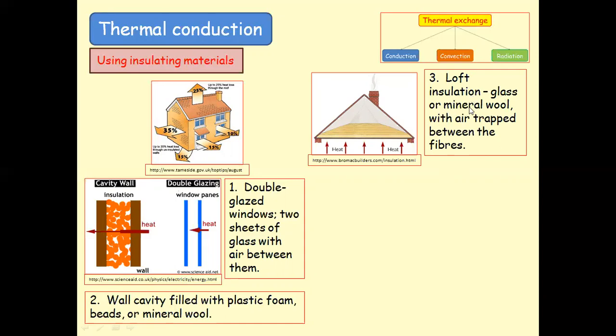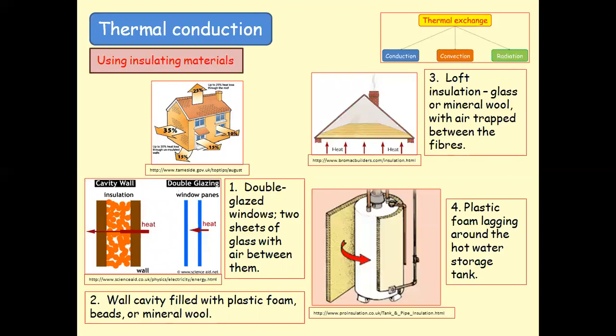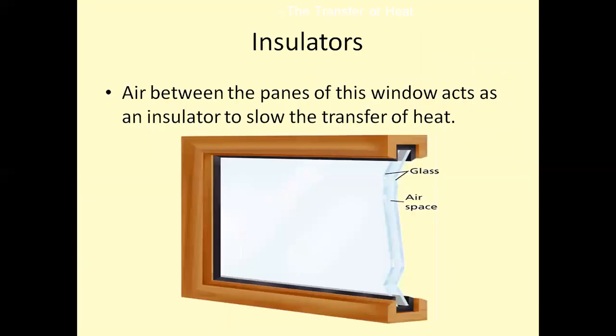Glass or mineral wool with air trapped between the fibers will help to improve insulation and reduce conduction. And see this application, it is about the plastic foam lagging around the hot water storage tank. This will help to improve insulation, and it will help to not conduct the thermal energy from the hot water to the outside. Here are the applications.